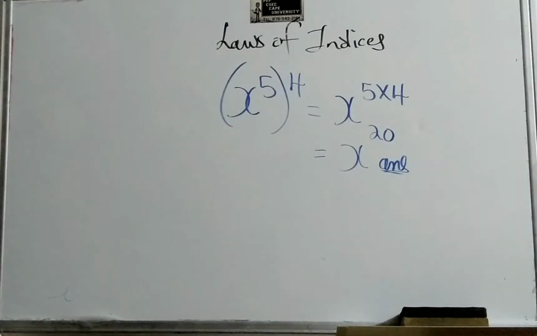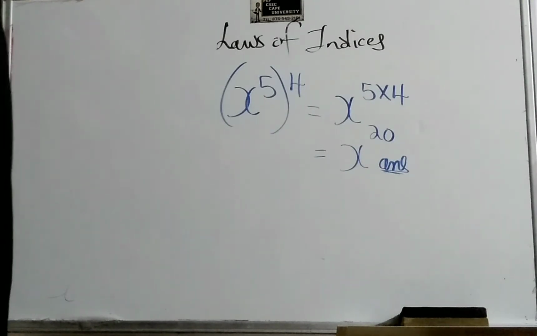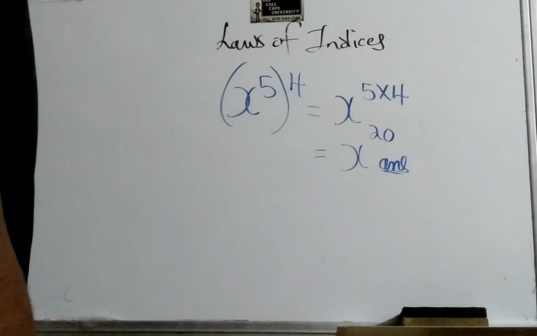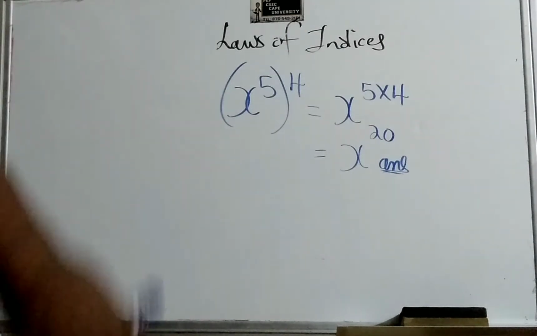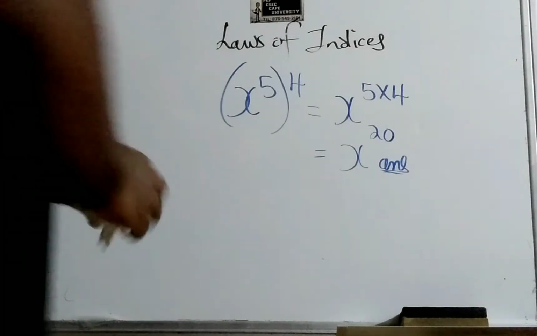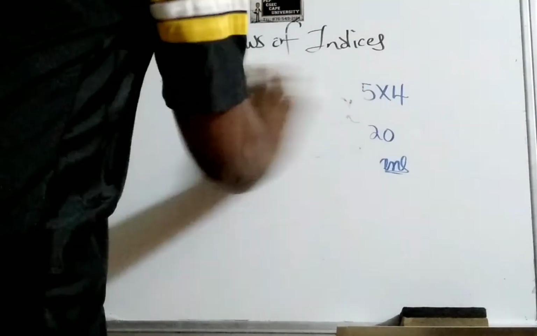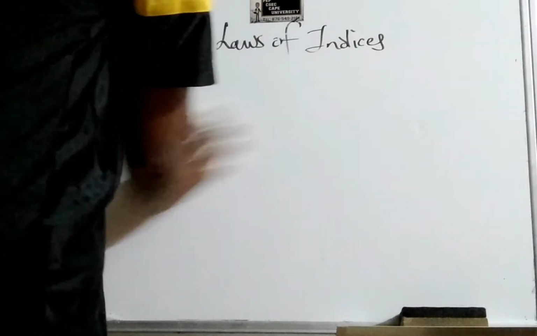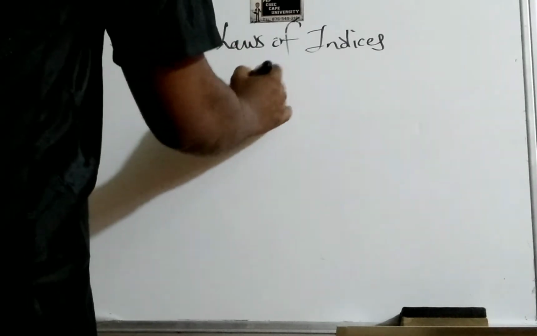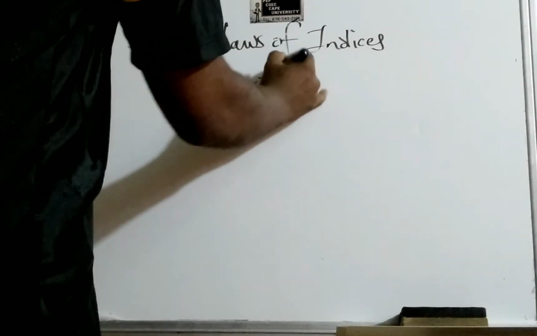So guys, we have basically looked at 3 rules. Now we're going to look at when a number is raised to a negative index. What do we mean by that? Say we have x raised to the minus 2.